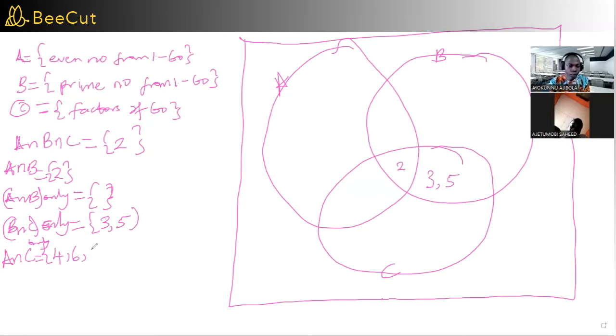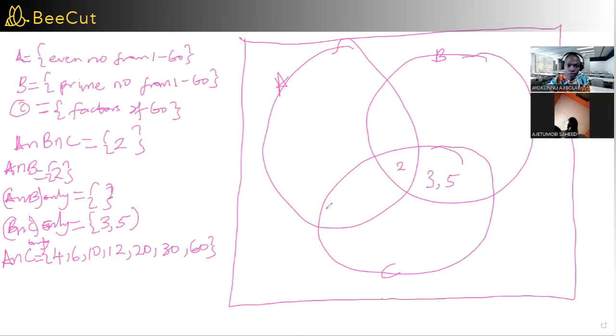So we have 10, we have 12, then we have also 20, we have 30, and we have 60 itself. So these are all the things that will be in A and C together.